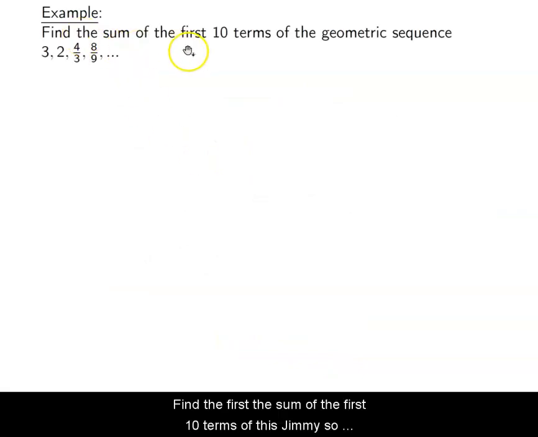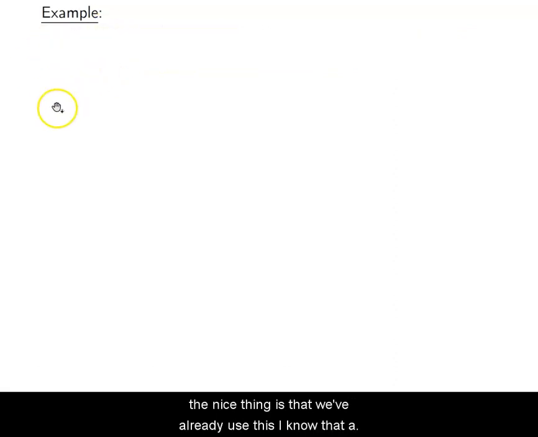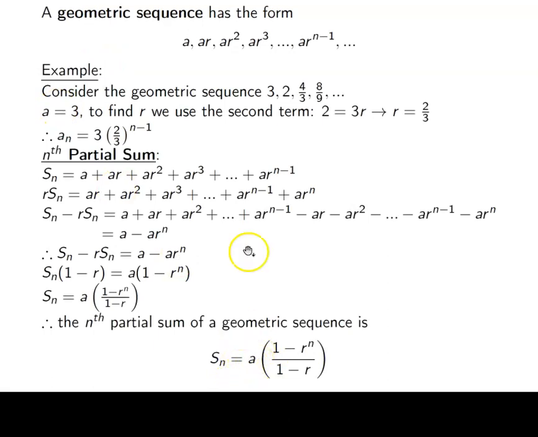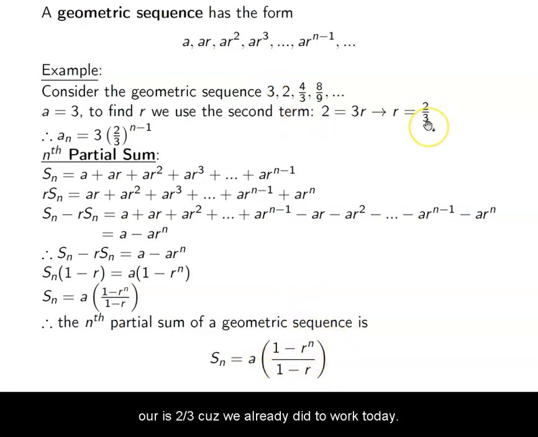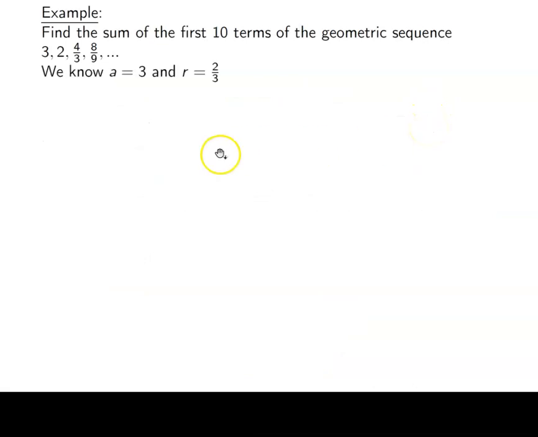So let's do an example. Let's find the sum of the first 10 terms of this geometric sequence. The nice thing is that we've already used this. I know that a is 3, and that's all I need, a and r, and however many terms I'm trying to find. I know r is 2/3 because we already did the work for that.